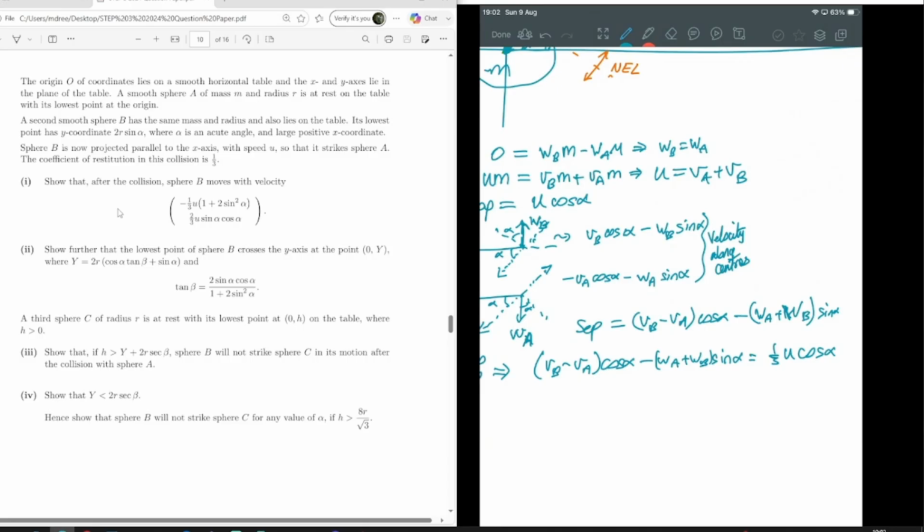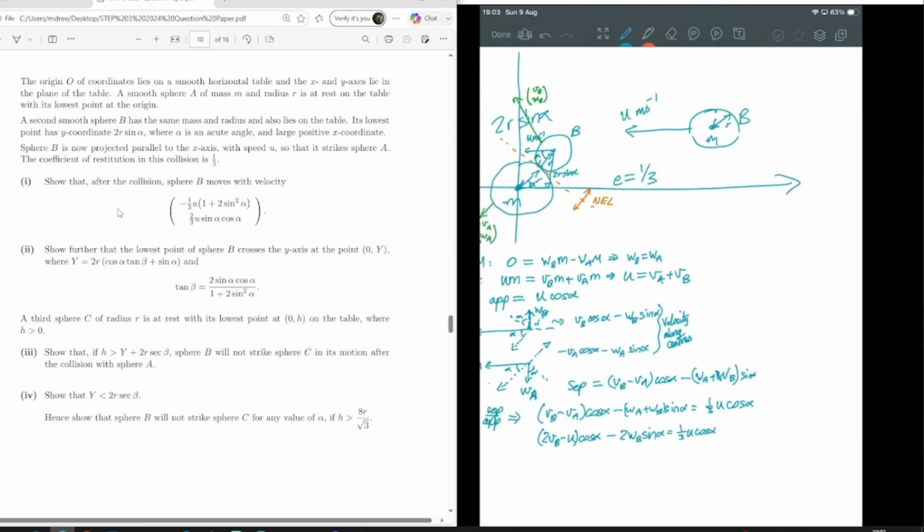So if I do get rid of my VA and WA here, so the VA is u minus, so this is going to be 2VB minus u cos minus 2 lots of WB sine equals a third u cos alpha.